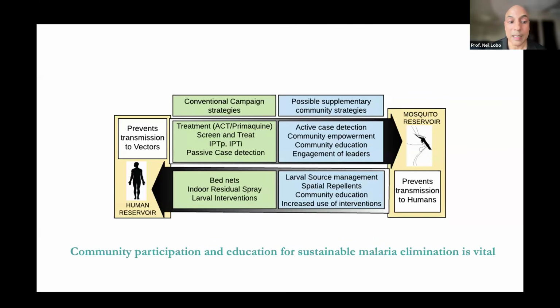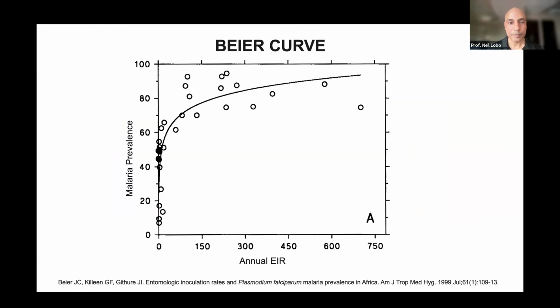So to me, at least in my experience, community participation and education is vital for a sustainable malaria elimination strategy. And that's something to keep at the back of your mind, especially when you're working in a Ministry of Health.